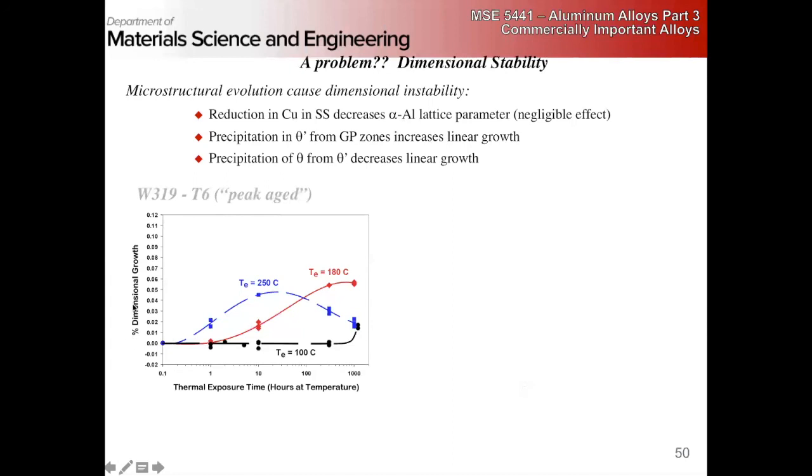So if we look at the percent dimensional growth, if we age it at 100C, it's pretty stable for a long time and then increases at the end. At 180C, we nucleate theta prime and we get a large dimensional change. At 250C, theta prime, then we nucleate theta and it shrinks again. So it grows and then it shrinks.